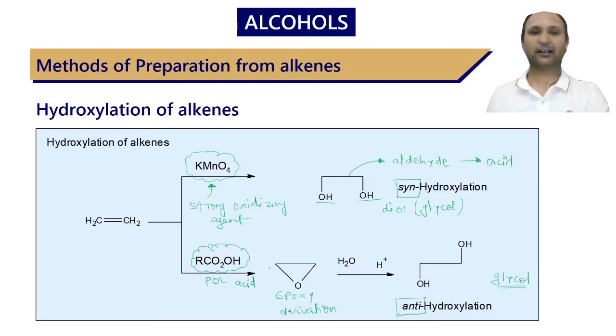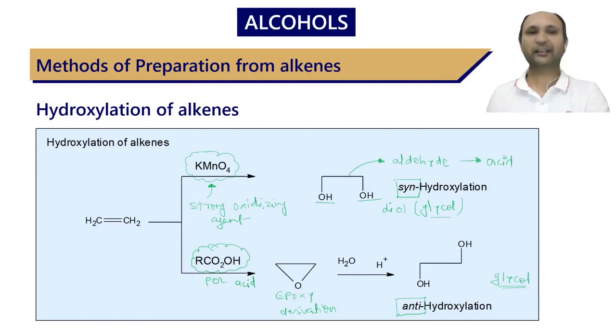But the problem with KMnO4 is that if the reaction conditions are not controlled, the product that we have obtained can very easily go to aldehyde and acid stages. And one more thing is that both these compounds are going to give us diols, meaning there are two hydroxyl groups at the adjacent carbons, which are also known as glycols.